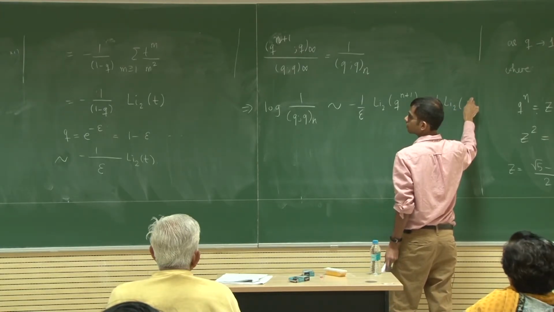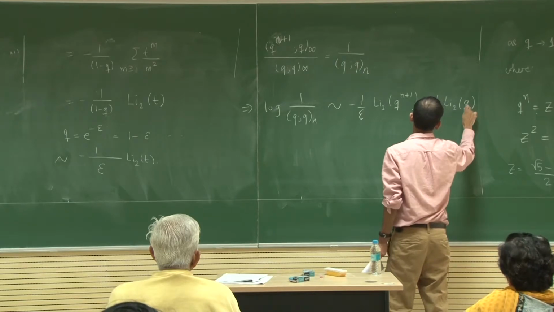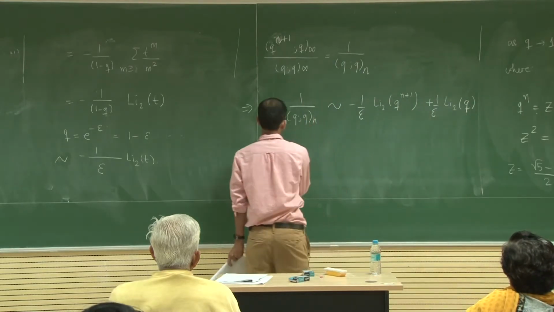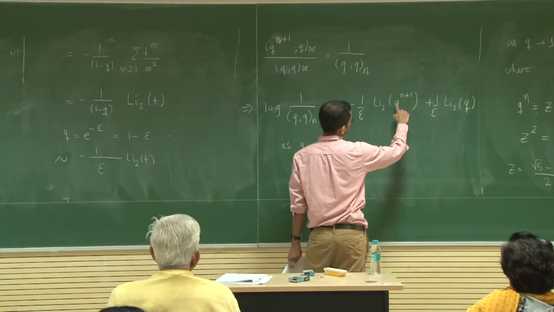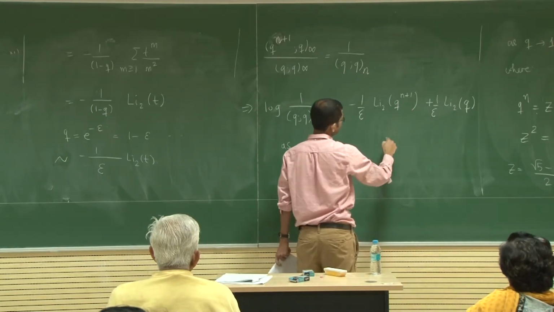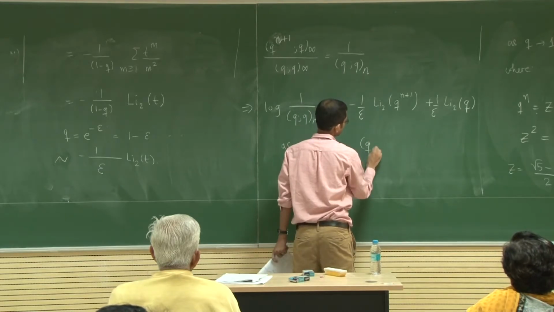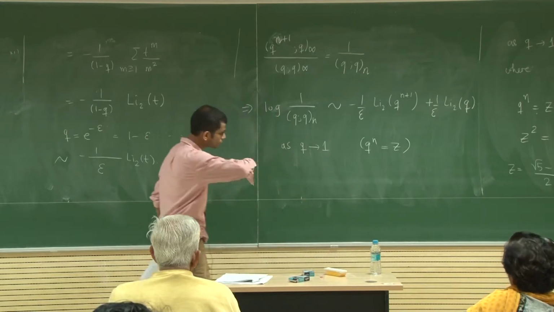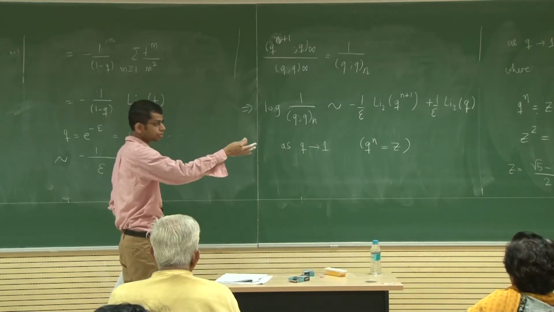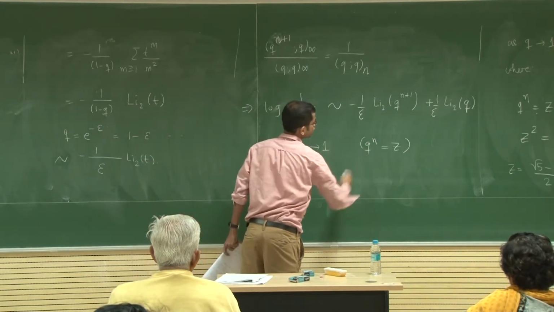Li2 of q. Okay. Now as q goes to 1, we saw before, q to the n plus 1, and we are keeping q to the n equal to z because q is very close to 1. So n is such that this peak happens at q to the n equal to z.